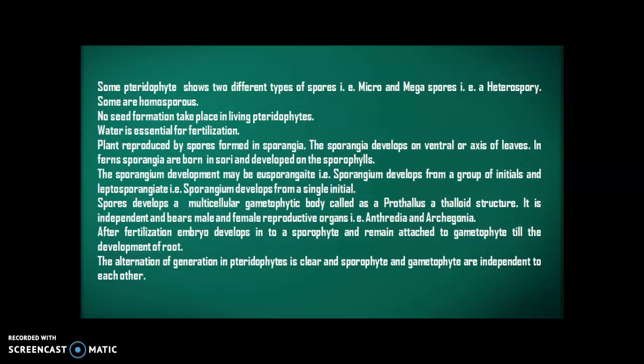After fertilization, the embryo is developed, and that embryo germinates and develops a sporophyte. The sporophyte remains attached to the gametophyte till the development of root. The alternation of generations in pteridophytes is clear, and sporophyte and gametophyte are also independent from each other.